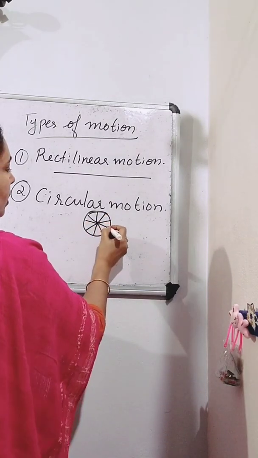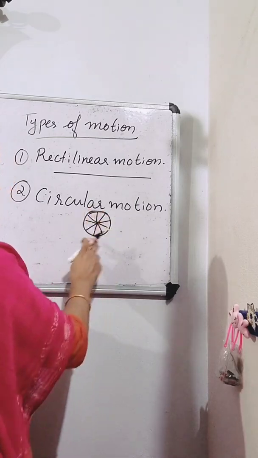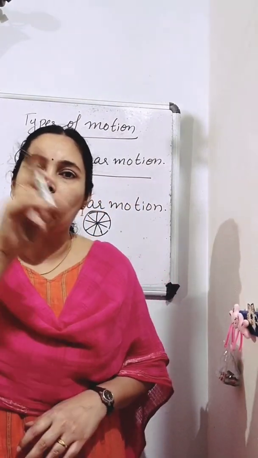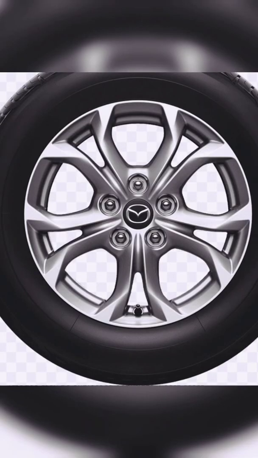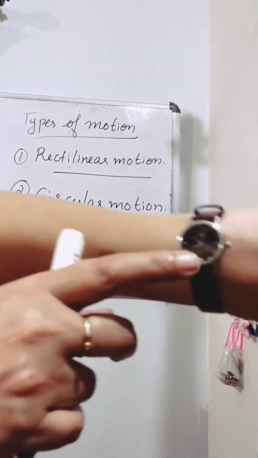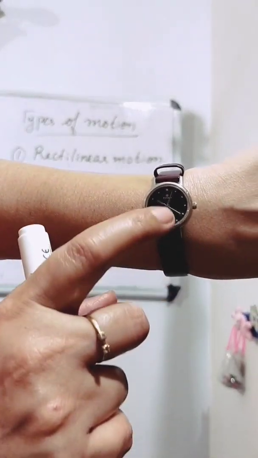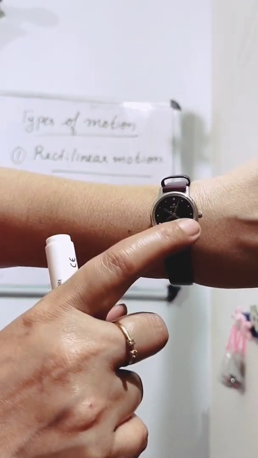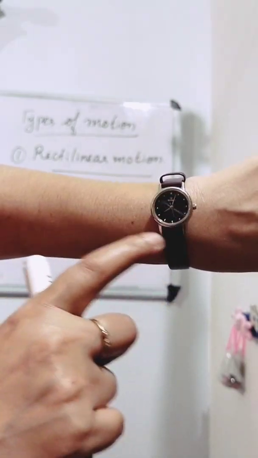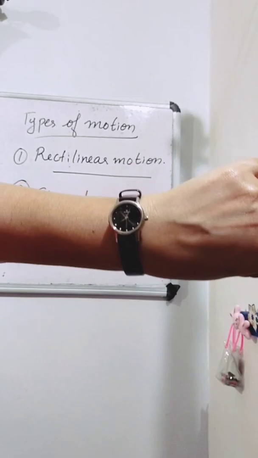Now can you give some other examples? A wheel is an example. Wheels of vehicles have a circular motion. Or the hands of this watch have a circular motion. The distance from the center will always be the same even if the hand is rotating in different directions.